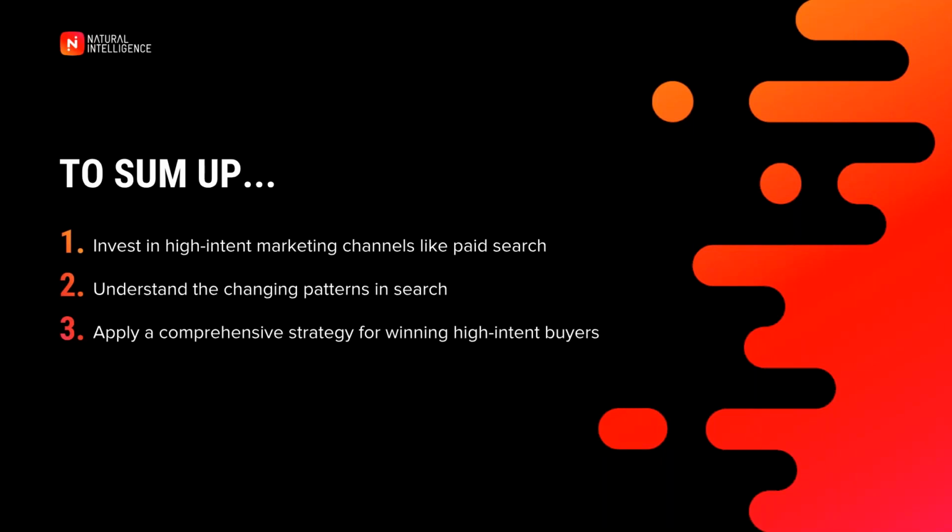To sum up where we are right now, we want to invest, number one, in high intent marketing channels like paid search. Number two, we need to be cognizant of the changing patterns in search. And thirdly, we want to have a comprehensive, multi-tiered strategy for winning buyers across the spectrum, particularly your high intent buyers. Those are the main points for today.